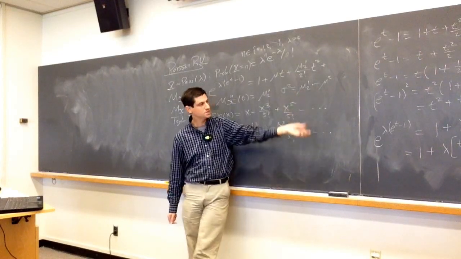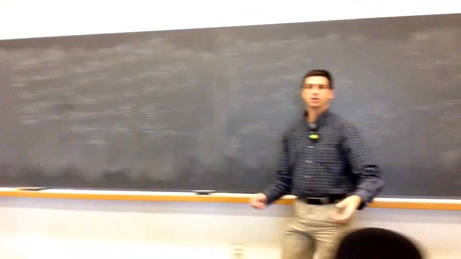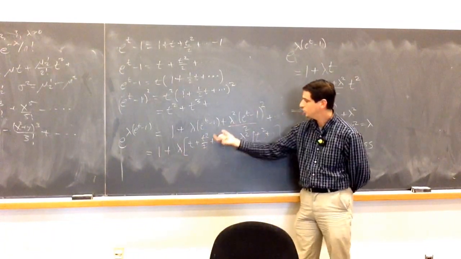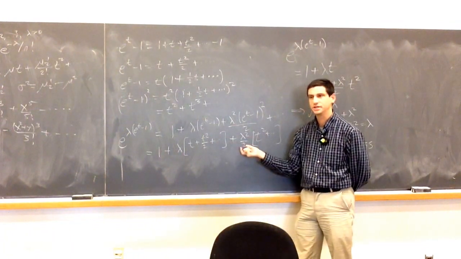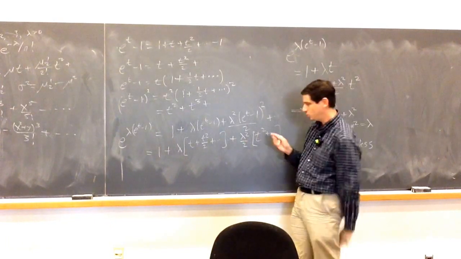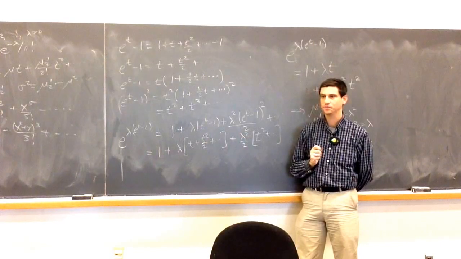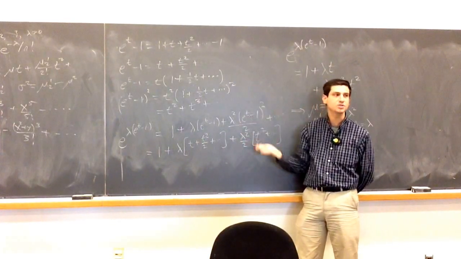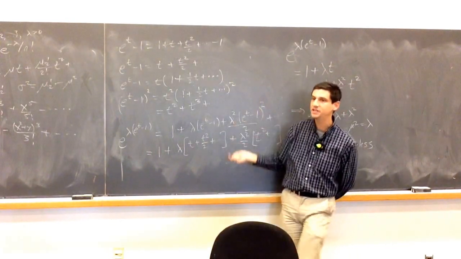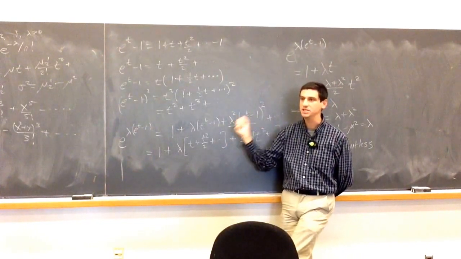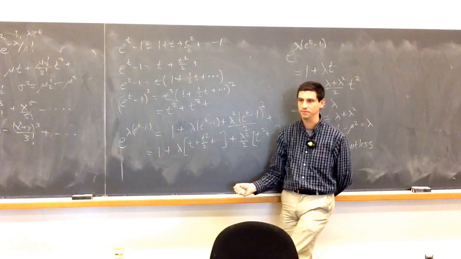So when we expand everything out in terms of t, here's the mean, and then whatever the coefficient of t squared over 2 is, that's got to be the second moment. And so when we collect the stuff, we see that it has to be lambda plus lambda squared. We don't need any of the other powers of t. That's the advantage of this calculation, is we only need to keep track of things up to t squared, the highest stuff we can drop.